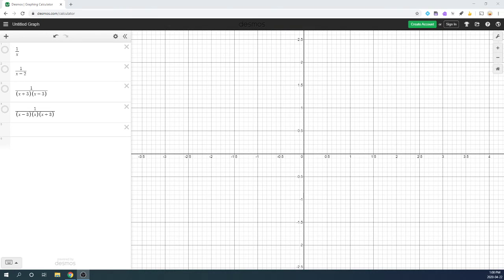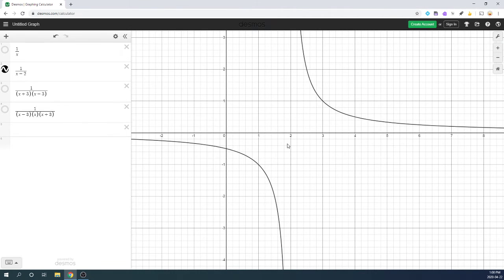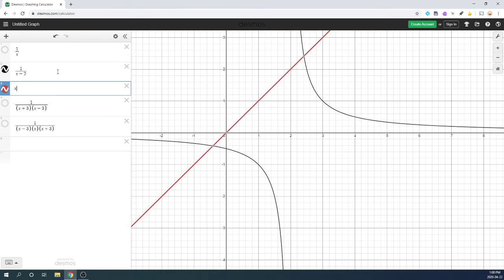Let's take a look at this on Desmos, just to kind of reiterate a few things. So we'll start with the 1 over x minus 2. So that we have there, and we have a vertical asymptote at x is equal to positive 2.